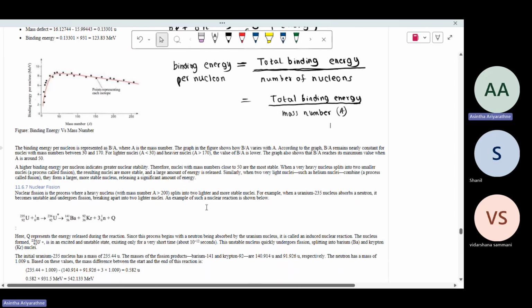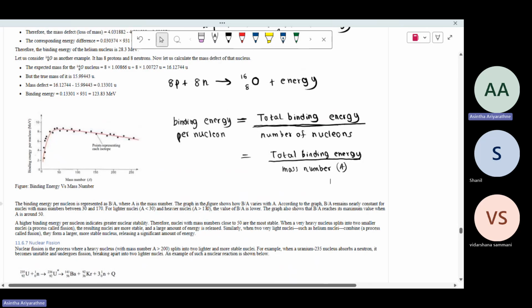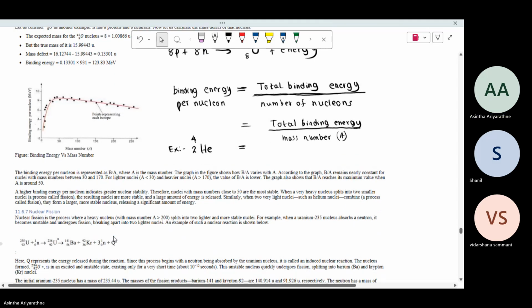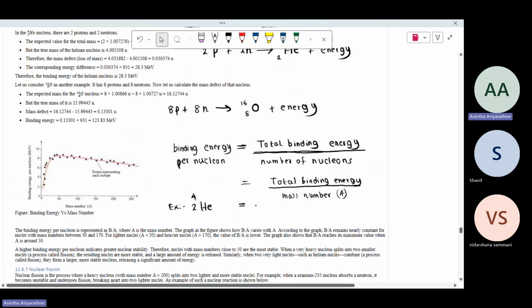For example, for helium the total binding energy is 28.3 divided by the mass number, which is 4.